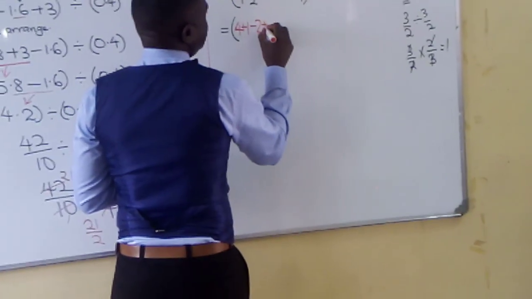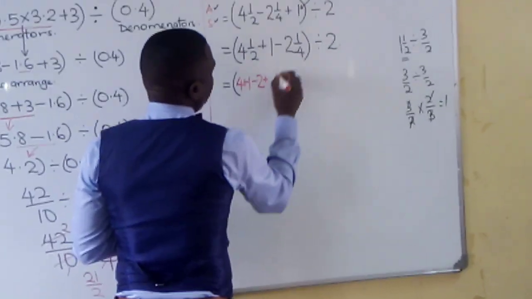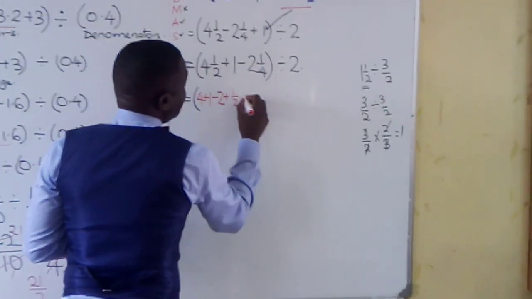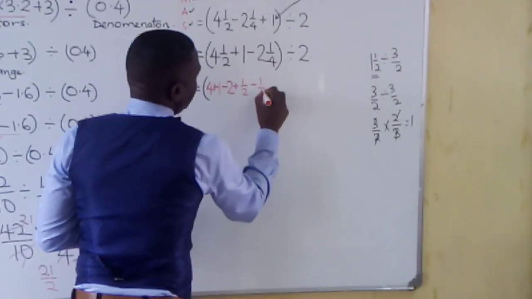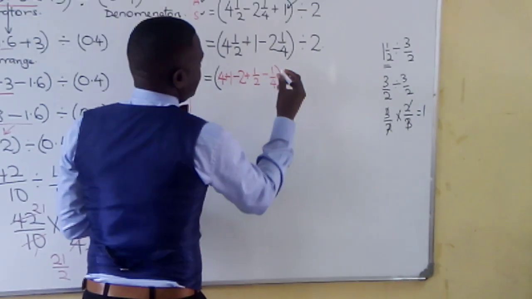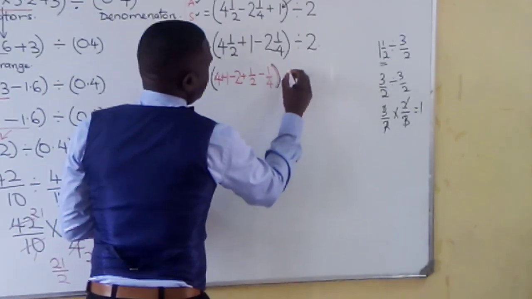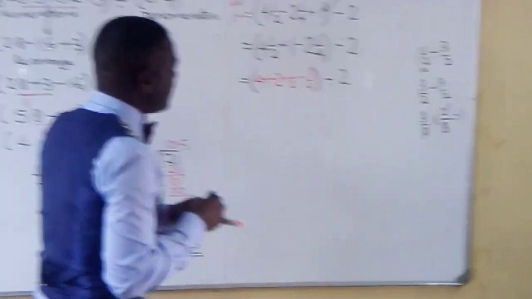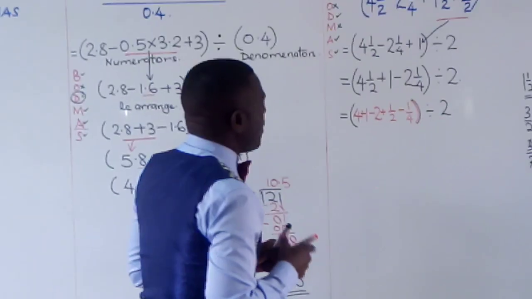Then we add the fractions, a half minus a quarter. Then we divide by 2. We do it together.